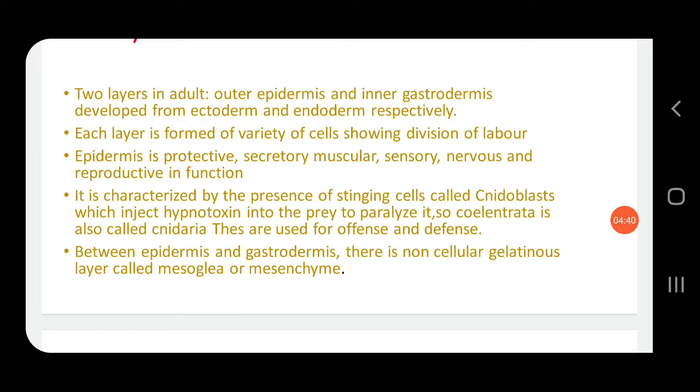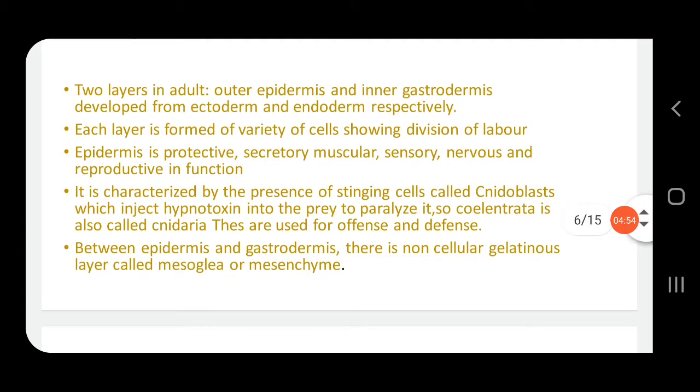The special character of this group is their special cells, known as stinging cells or cnidoblasts, through which coelenterates can inject a special type of toxin known as hypnotoxin into their prey, and it can paralyze it.